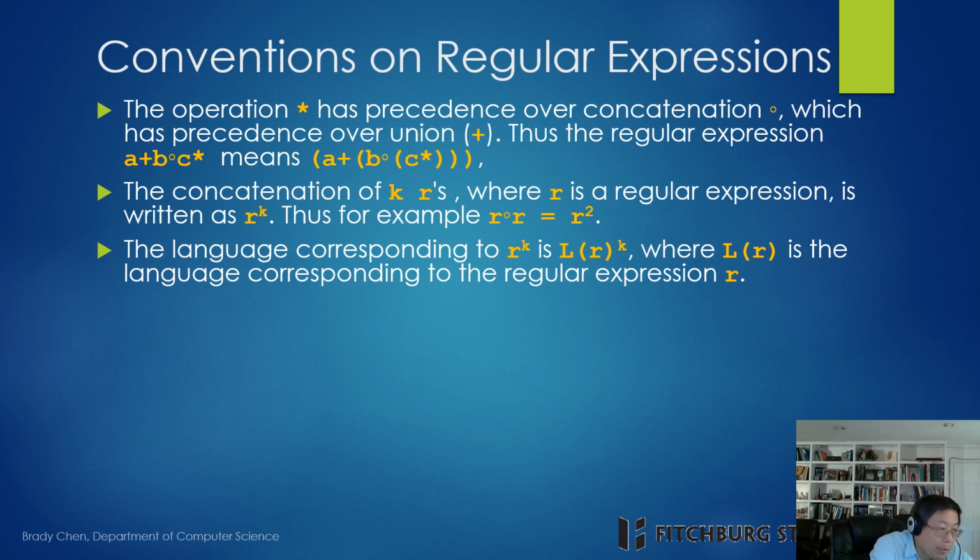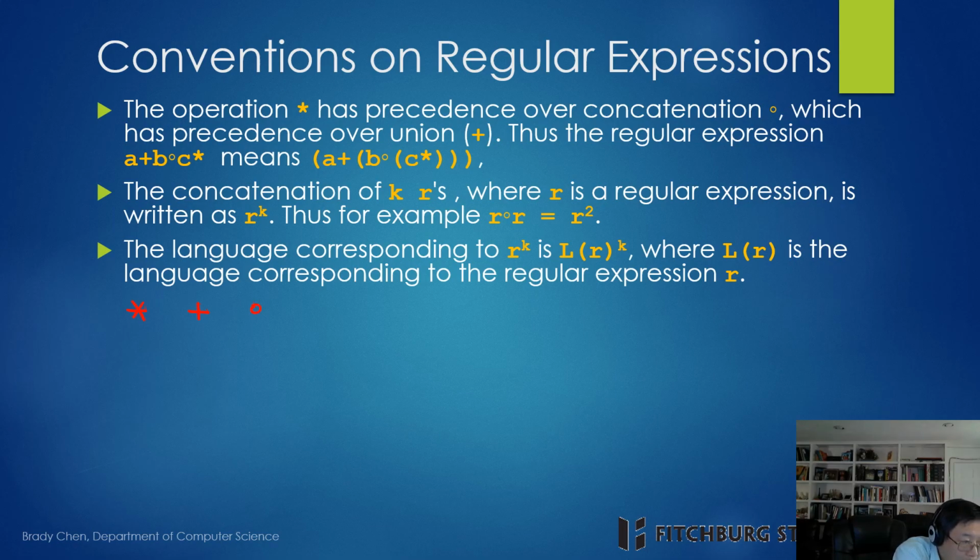Now here are the conventions on regular expressions. We know in regular expressions we use three operations: star, which is the Kleene star, the plus, which is in parallel with the union, and the concatenation.